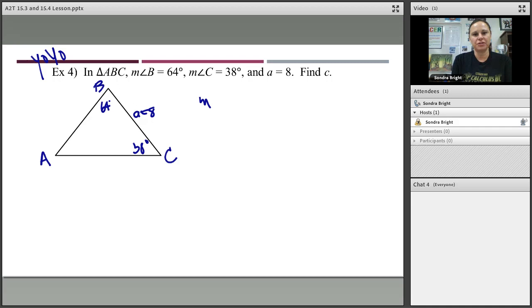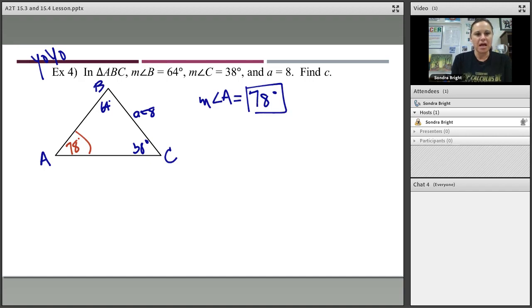You can find the measure of angle A. Is this like the same as the last example? Oh yeah, so angle A is still 78 degrees by doing 180 minus 64 minus 38, and they didn't even ask us for angle A. They only want us to find C. Did you get an answer of 5.04? You are correct. If you did not get that, then let's see what happened.